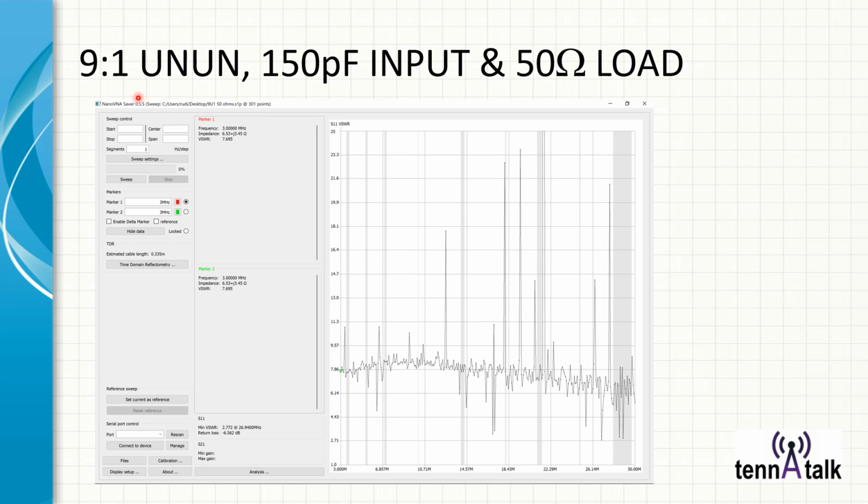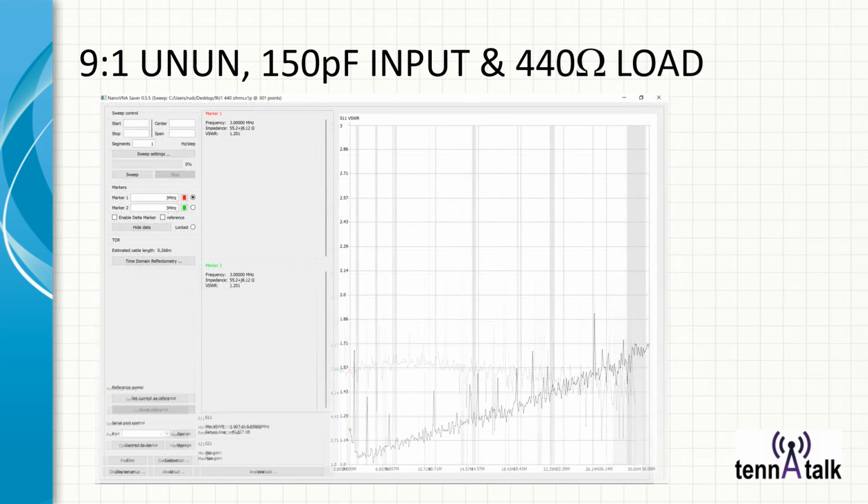So if we look at a 9-to-1 unun with a 150 picofarad capacitor on the input, but only a 50 ohm load that matches our 50 ohm nano VNA, we'll notice that we're getting SWRs somewhere around 7 to 8-ish, which is pretty close to 9. So that's a pretty good indicator already that we need something much higher as a load, higher than 50 ohms.